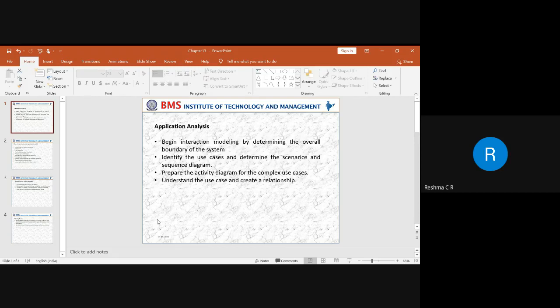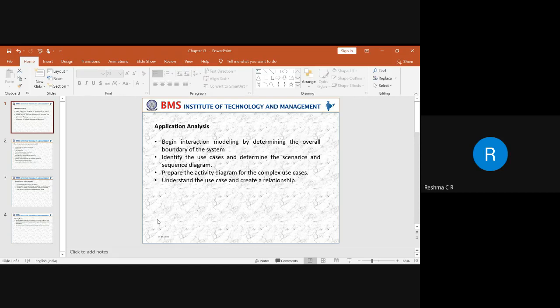So here in application analysis, first we are discussing only the interaction modeling. When it comes to interaction modeling, we have three different diagrams: either a use case diagram, or a sequence diagram, or an activity diagram.